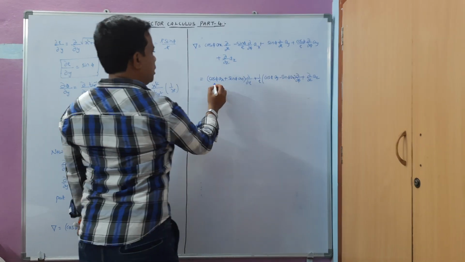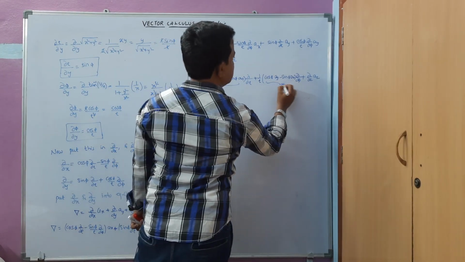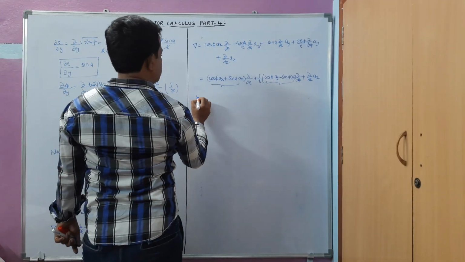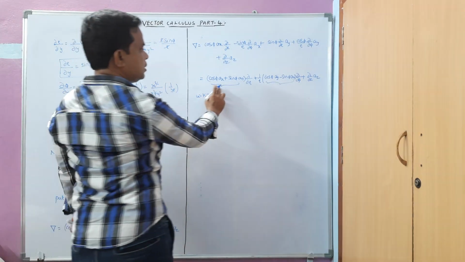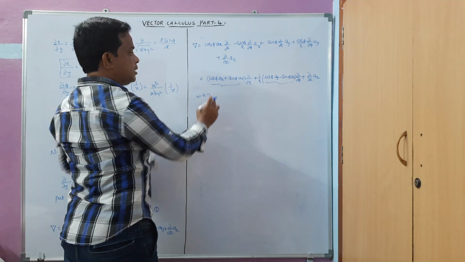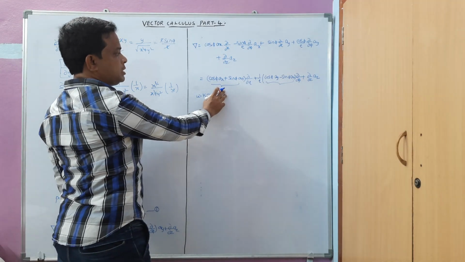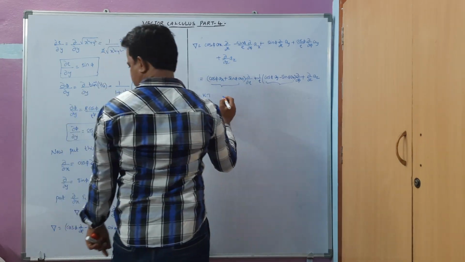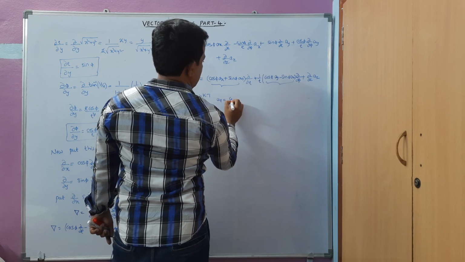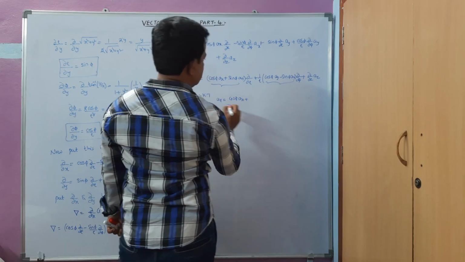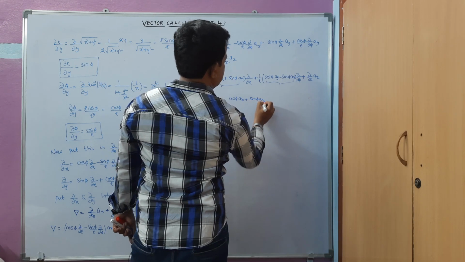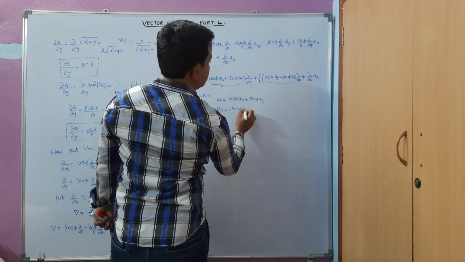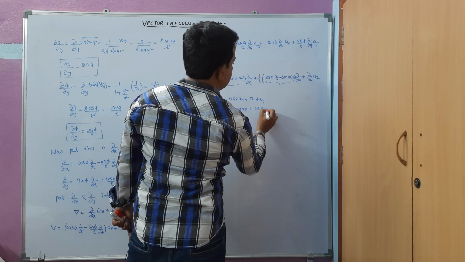Now we have to recall what these terms actually are. These are the unit vectors along aρ and aφ. We have already derived this in the vector coordinate transformation: aρ will be cos φ ax plus sin φ ay. You can go through those videos to see how we got this. Similarly, aφ will be minus sin φ ax plus cos φ ay.